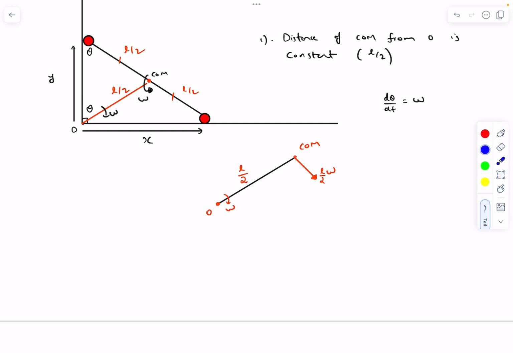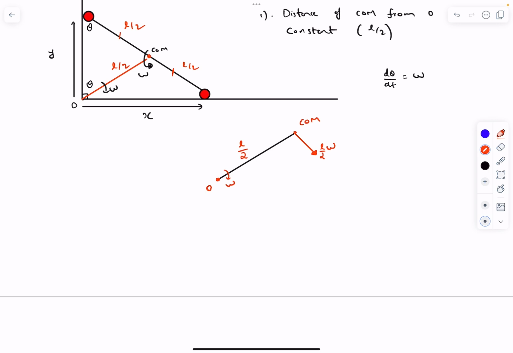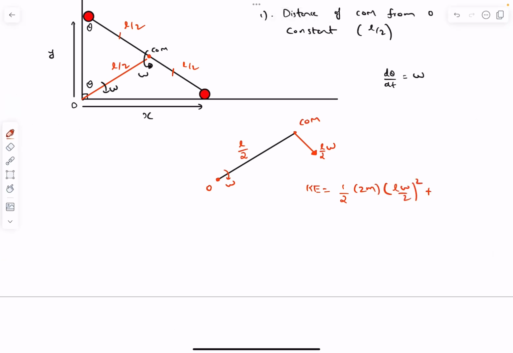So using this geometrical result, we can directly figure out the translational velocity of the center of mass. Now the total kinetic energy of the system we can write as the translational kinetic energy of the center of mass, which is half total mass times velocity of center of mass squared, plus the rotational kinetic energy, which is half I_CM omega squared.